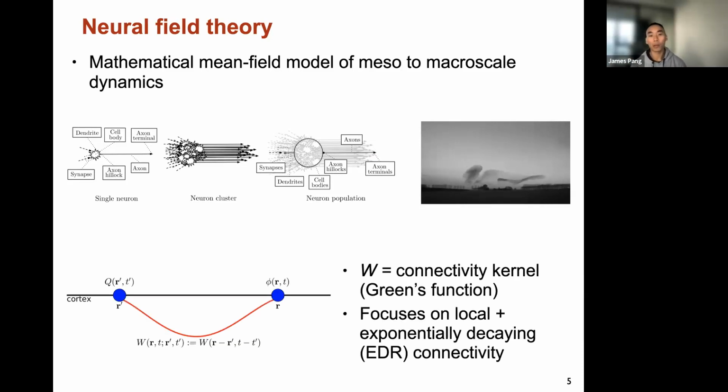And neurofield theory heavily relies on the connectivity between these populations that are connected by a kernel W, which is focusing mostly on very, very local and exponentially decaying activity. That is, the weight of activity decays exponentially as a function of distance.